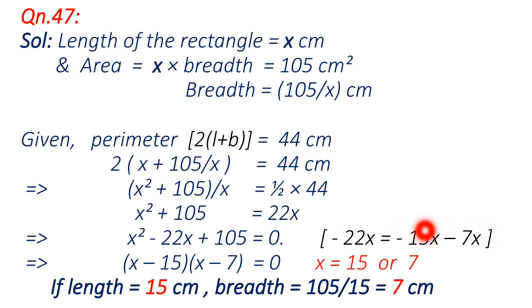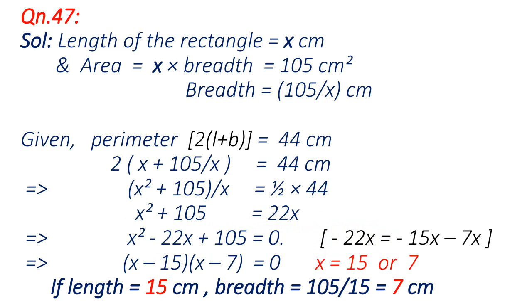This sum will give 22 and the product will give 105, because 15 into 7 is 105. So you can write x minus 15 into x minus 7 is equal to 0. By considering these two, we can write x is equal to either 15 or 7.